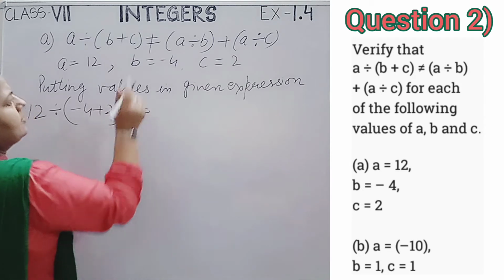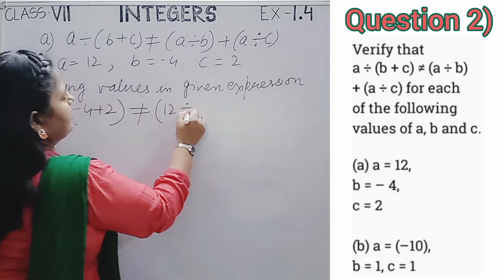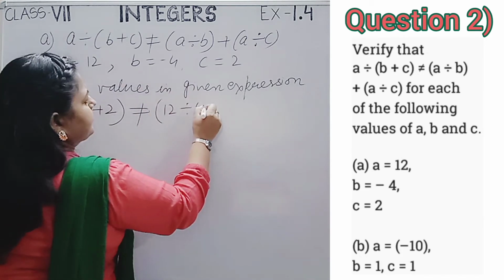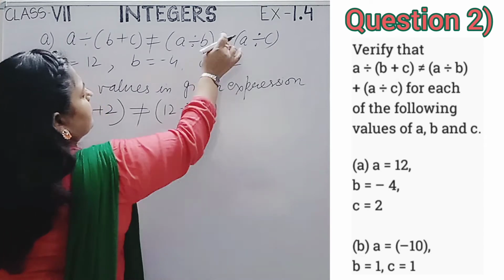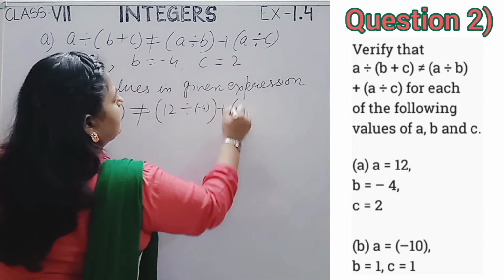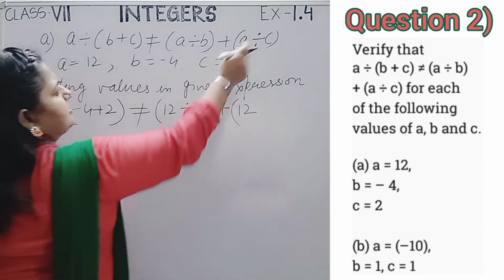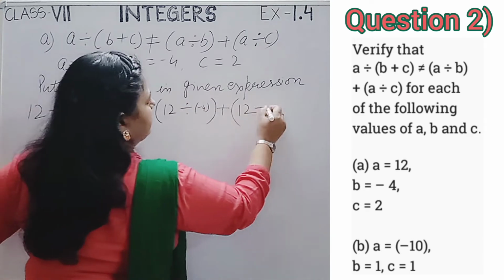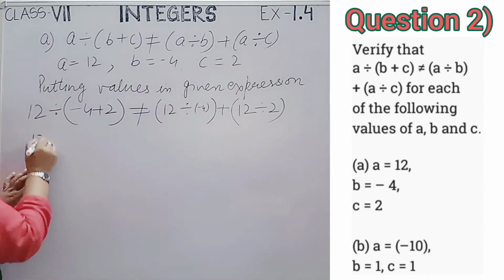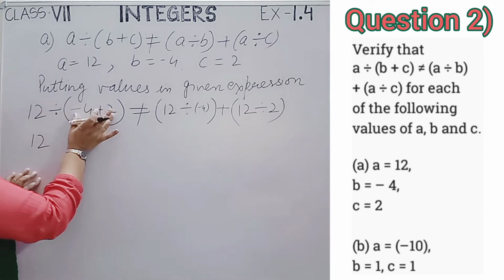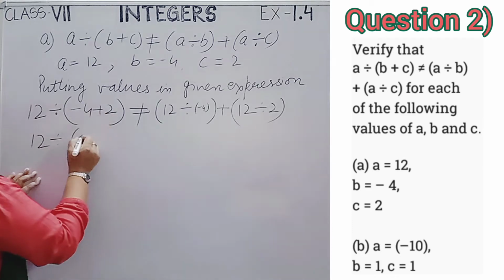B is minus 4 plus C is 2, not equal sign, A 12 divided by B, B is minus 4 plus A is 12 again and divided by C, 2. Now first we will solve this given bracket, minus 4 plus 2, minus 2.